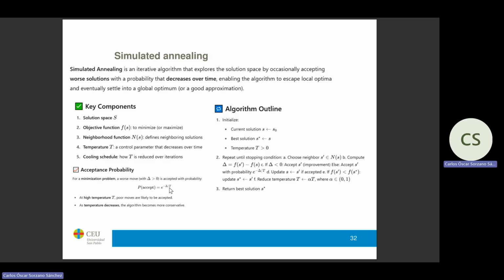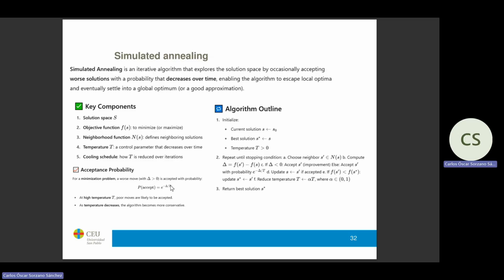So let's say that the temperature is very, very high. Then you're dividing whatever change by a very large number, so that is almost zero. E to zero is 1. So you're almost accepting all the changes at the beginning.